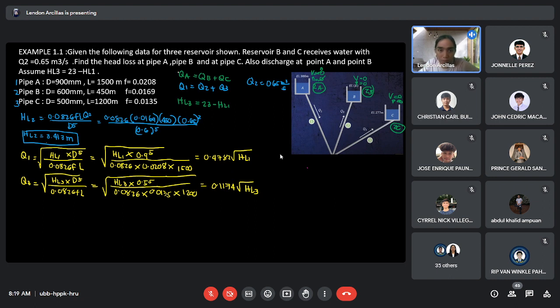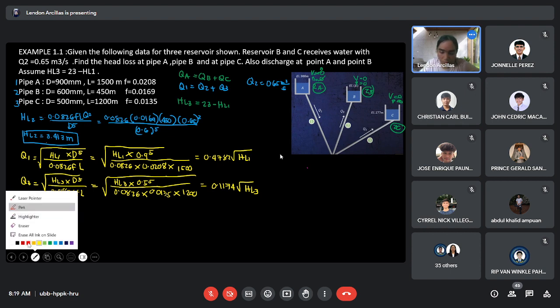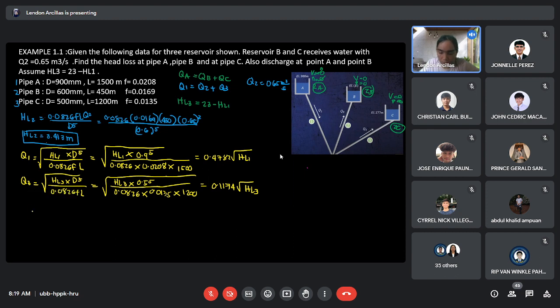So let's use this formula to find the values of this one. So wait, I need the orange one. So since Q1 is equal to Q2 plus Q3 and meron tayong value ng Q2, di ba? So Q1 natin is 0.4782 square root of HL1. Q2 is 0.65. Ito.